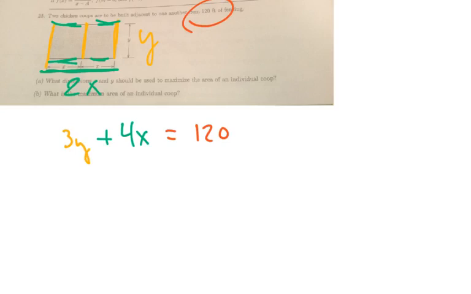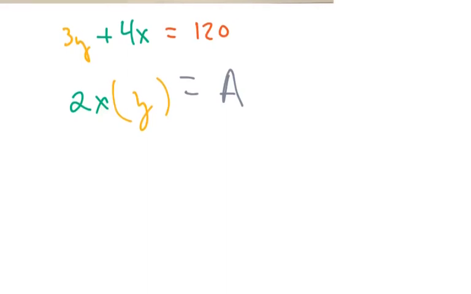So we're just going to get 2x times y, and all of this is going to equal the area, which will change depending upon our dimensions. So what do we do here? Well, let me rewrite these equations again. We have 3y plus 4x equals 120, and area is equal to 2xy.